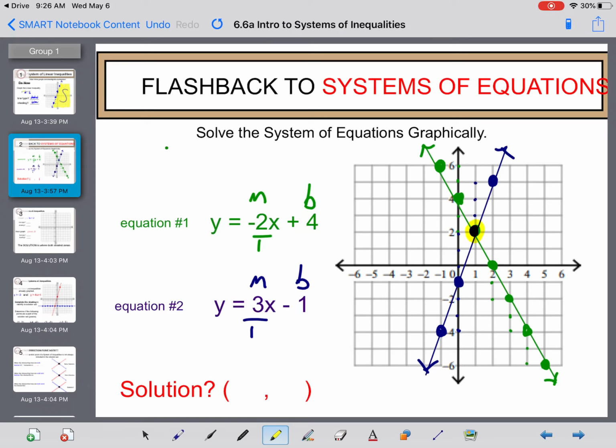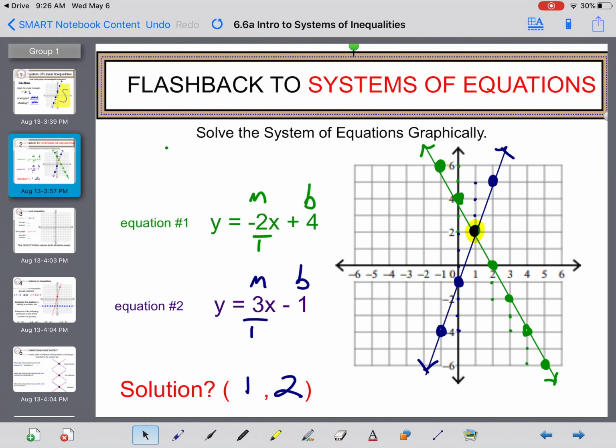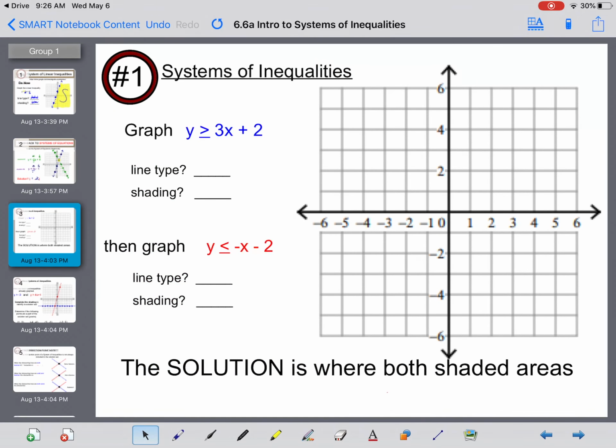And the solution to a system of equations is where the two lines meet or intersect, and that's at this point right here, which is 1, 2. Alright, so a little flashback to systems of equations.